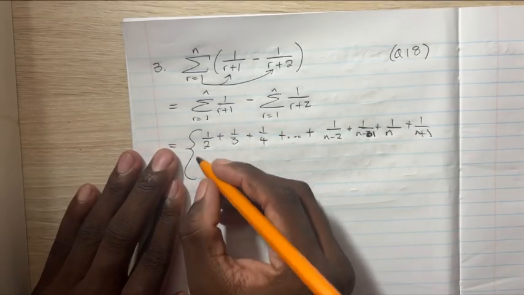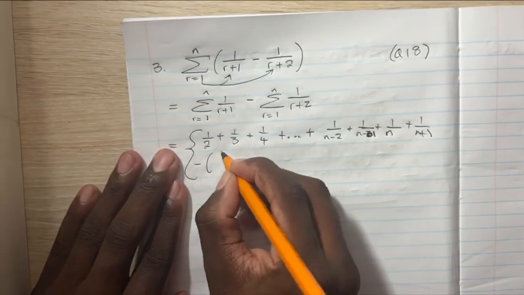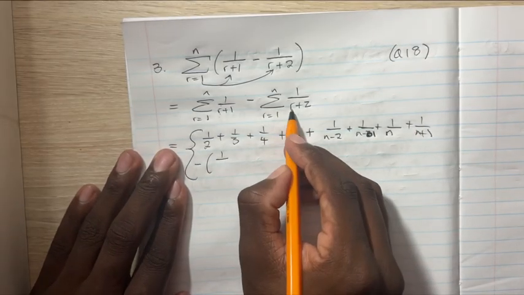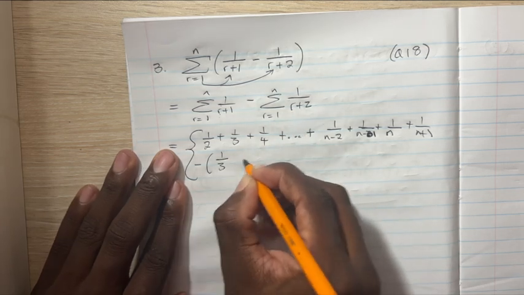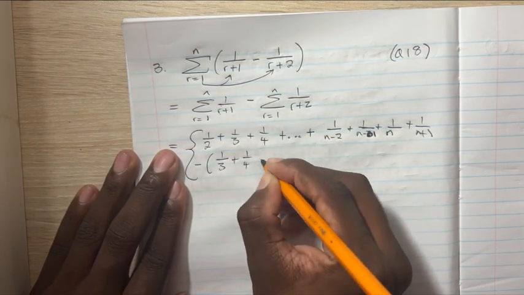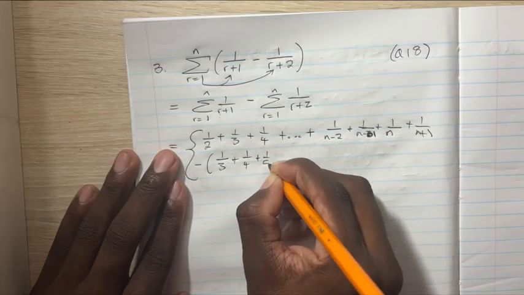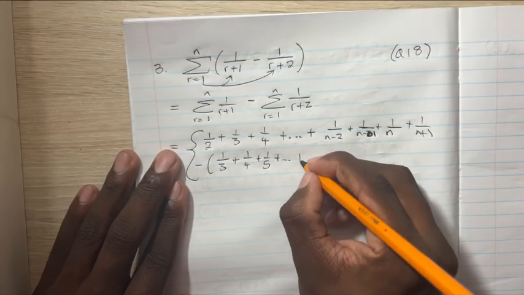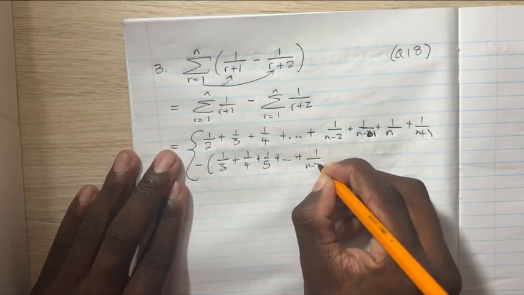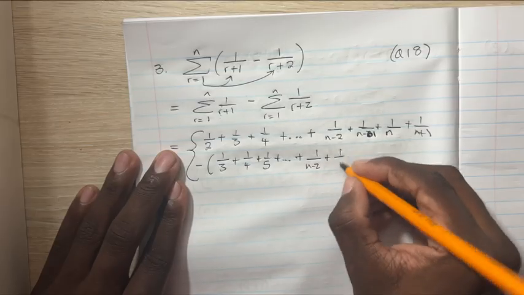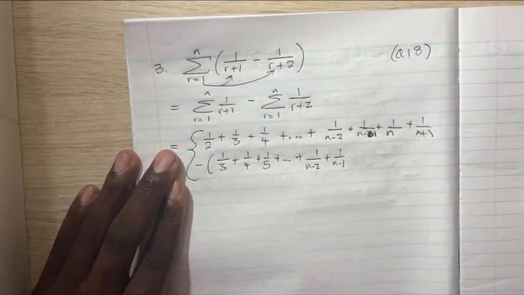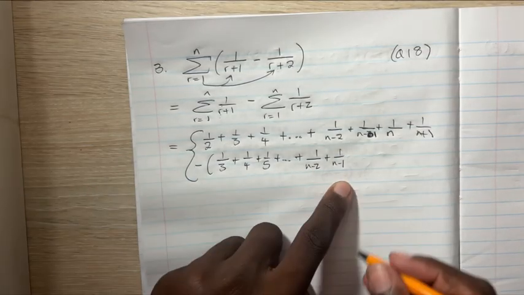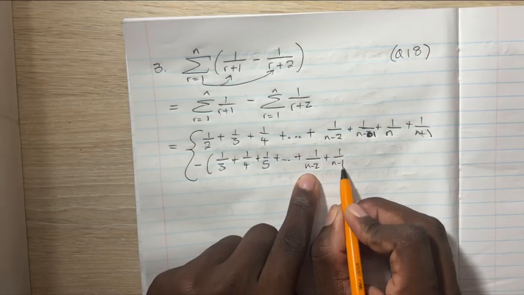Now let's do the second one. Negative into 1 over, if you put 1 here, you get a 3, plus 1 over 4, plus 1 over 5, plus dot dot dot, plus 1 over n minus 2, plus 1 over n minus 1, right? I'm just going to the next term. So the next term, I'm just going to add a 1 here.